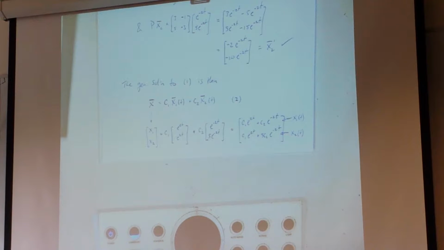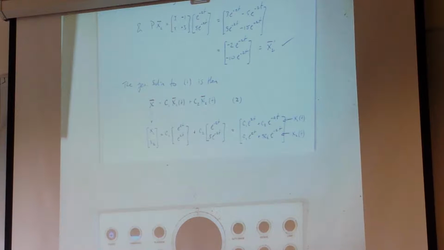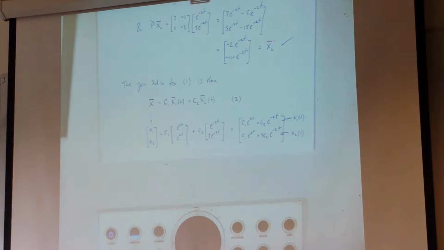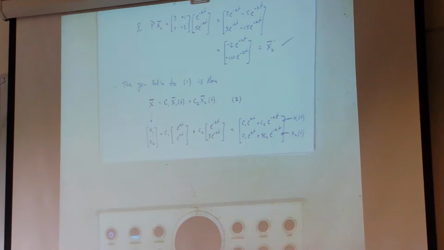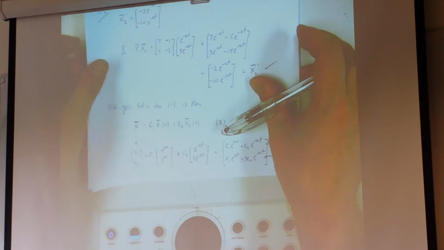So we can define the Wronskian again. If I have solutions to a linear system, we can define the Wronskian. It's similar, but in some cases a little bit easier.